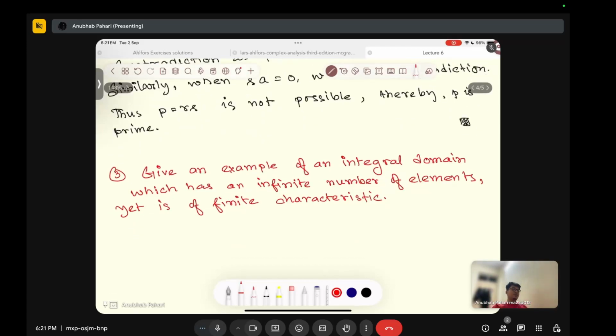So what I'm saying is that we have to find an example of an integral domain which has to be of finite characteristic, but its cardinality has to be infinite. So you can think about this for 2 or 3 minutes.